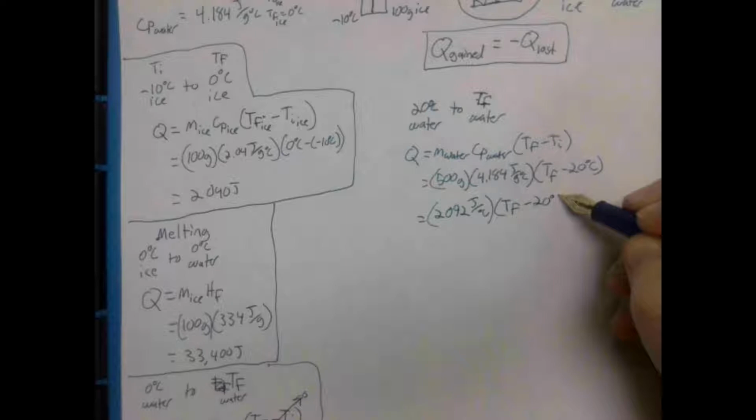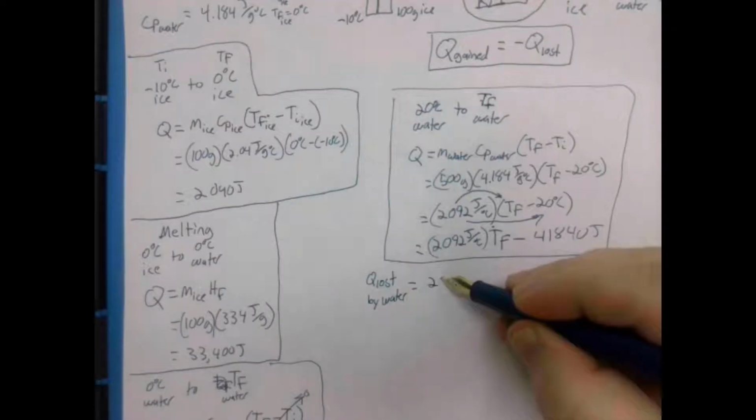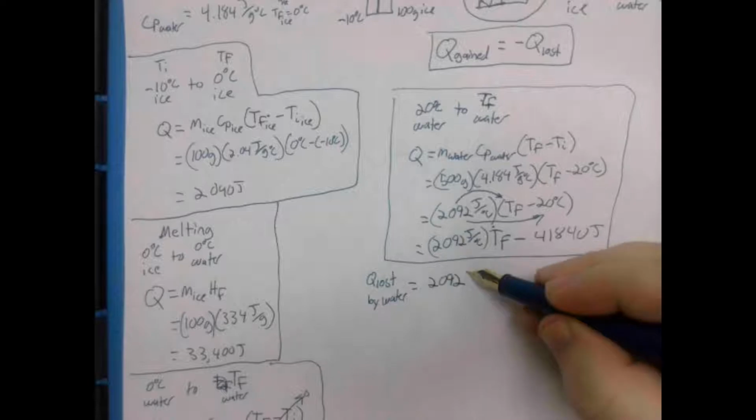So our heat lost, and let me put a box around this. So our heat lost by water equals 2092 joules per degree Celsius times Tf minus 41840 joules.